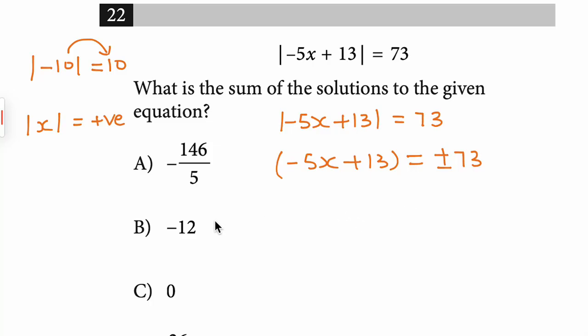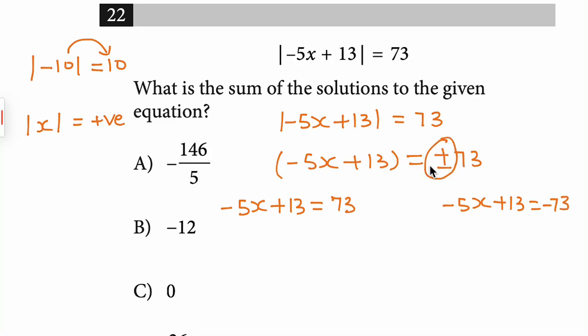That means I can write this single equation in two parts, one with positive 73 and another with negative 73. So these are two equations written in one, one with positive sign, another with negative sign.